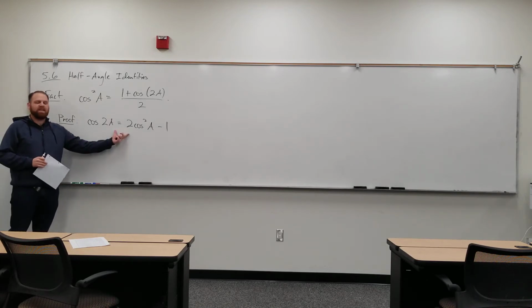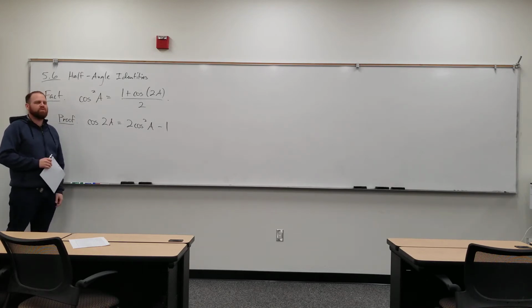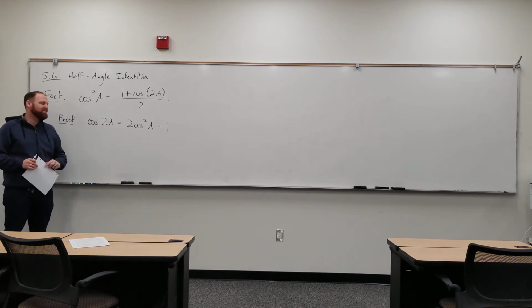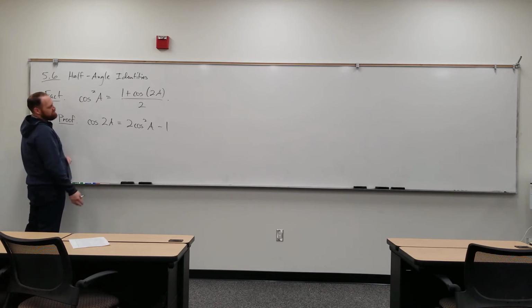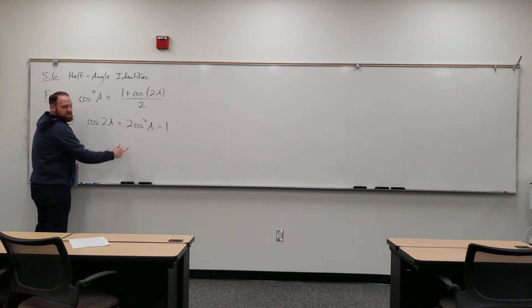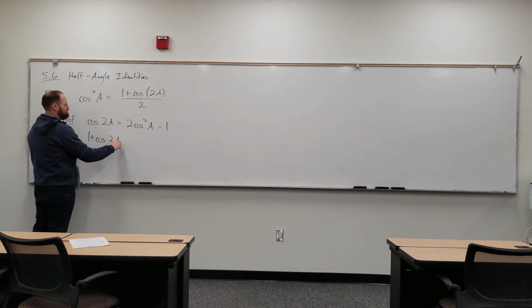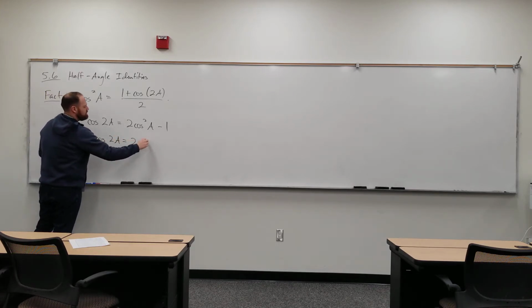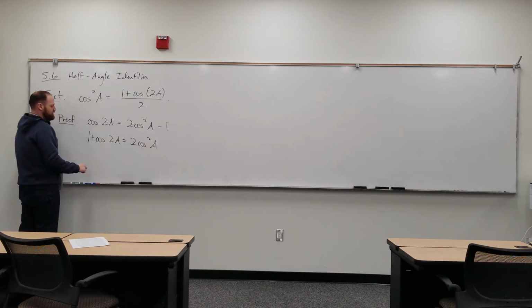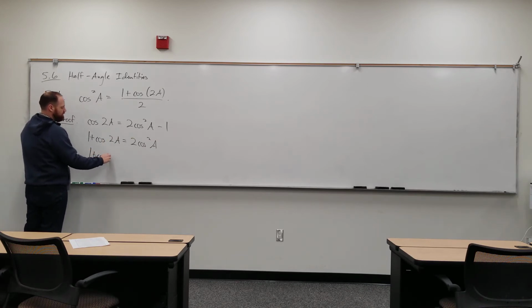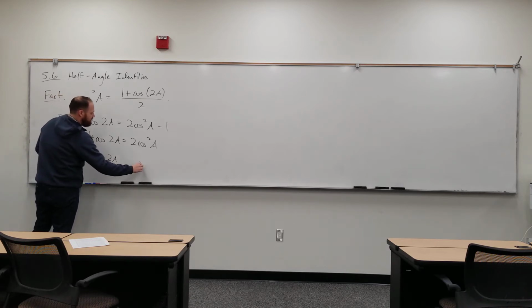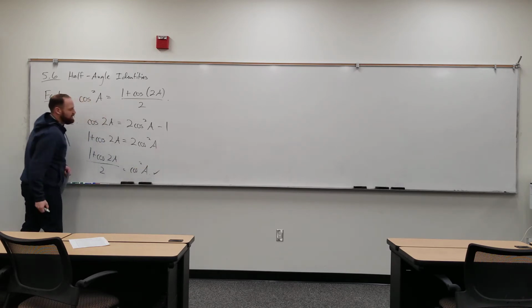This is an identity we've proven to be true. So you can just solve for cosine squared A: you add 1 to the other side, and then divide by 2. And there you go.